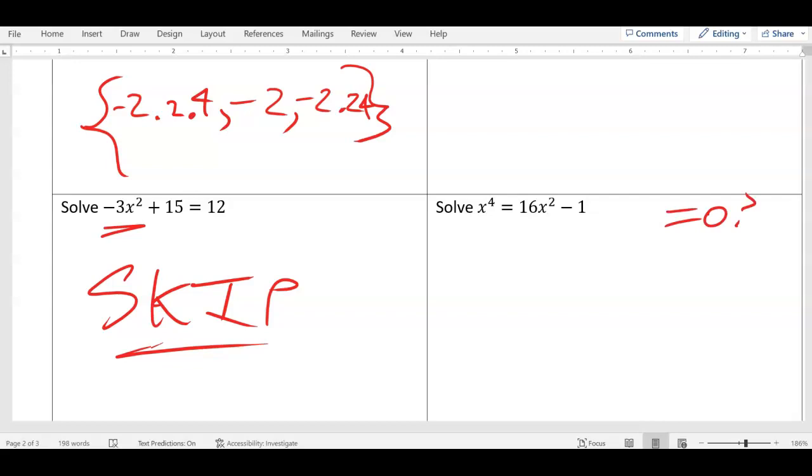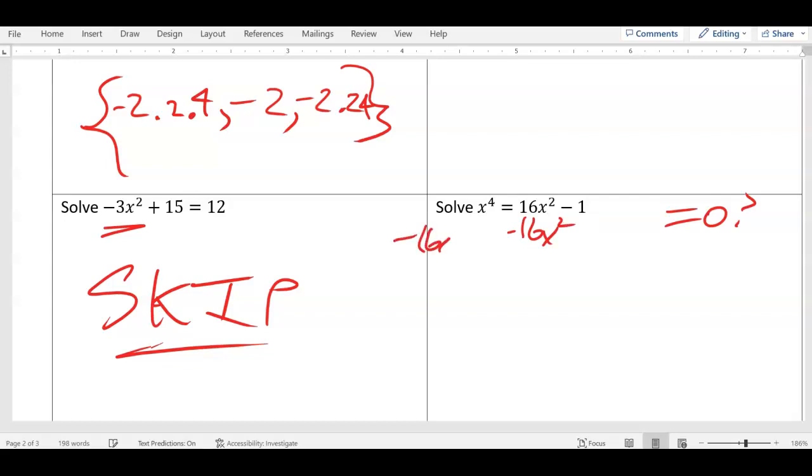What are we going to do? Move stuff over. So how do I get rid of a positive 16x squared? Opposite of positive. What'd you say? It's negative, or minus 16x squared.